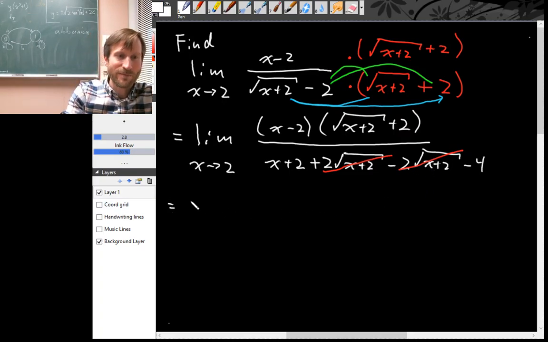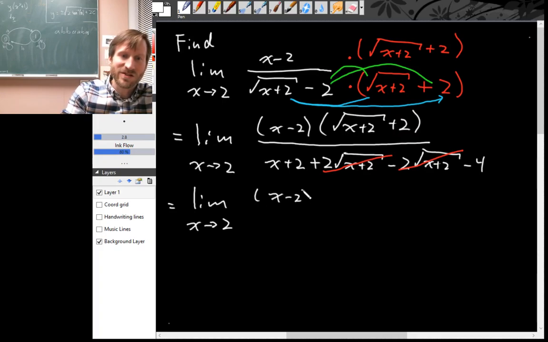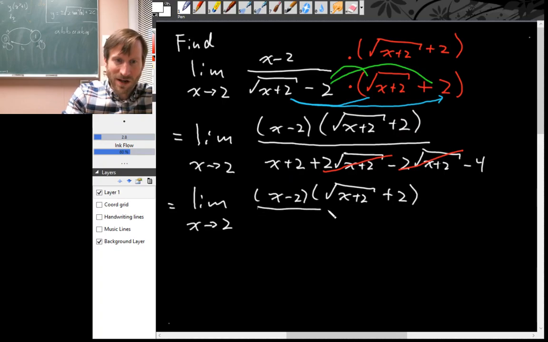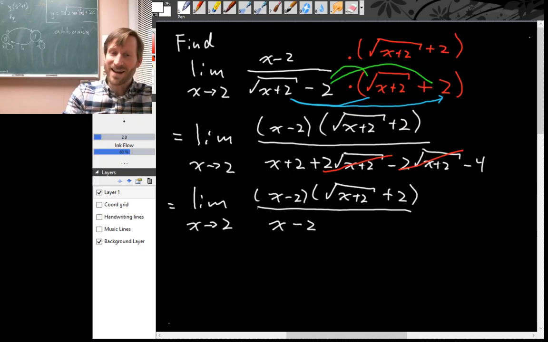All right, so let's write down what we get after we do that simplifying. The limit as x goes to 2 of x minus 2 times the square root of x plus 2 over, in the denominator, we have x plus 2 minus 4. That's x minus 2. And would you look at that?